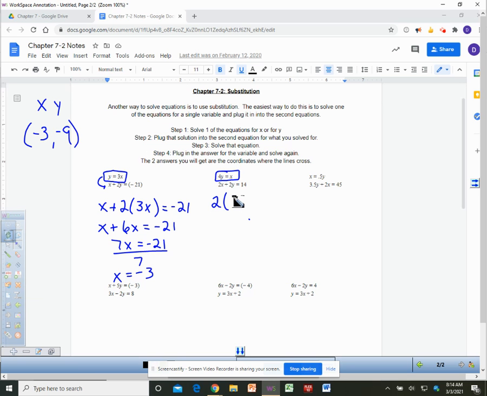So 2 times 4y plus 2y equals 14. So 8y plus 2y equals 14. 10y equals 14. So then what do I have to do? Divide by 10. If you want to turn them into decimals today, you can. So y is going to be 1.4.